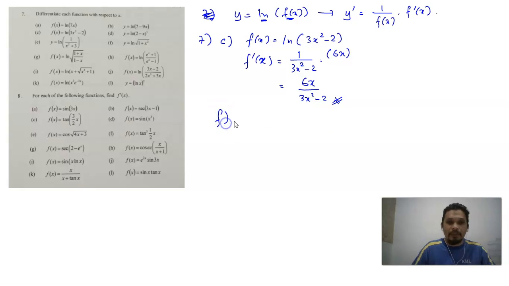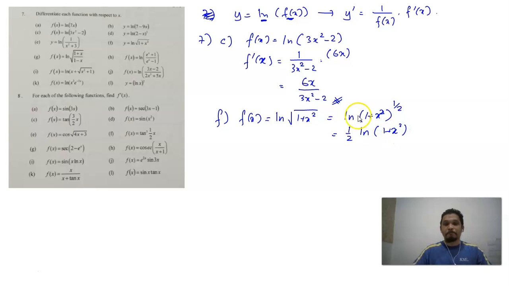Question F. f(x) equals natural log of the square root of 1 plus x squared, which is equal to natural log of (1 plus x squared) to the power of half. Square root means power of half, so bring the half in front: 1 over 2 natural log of 1 plus x squared.